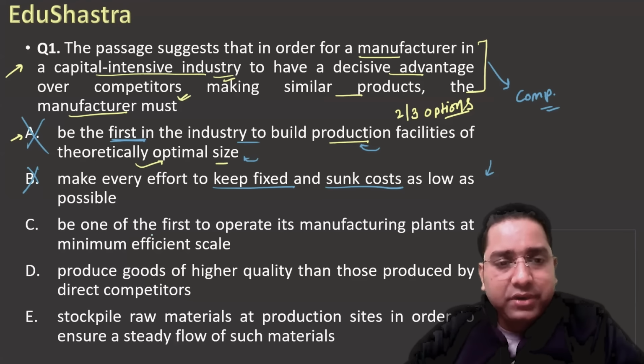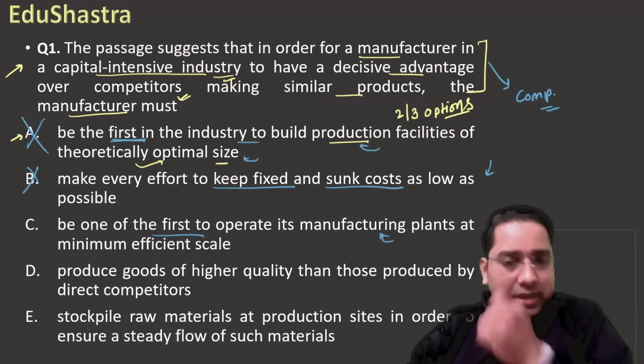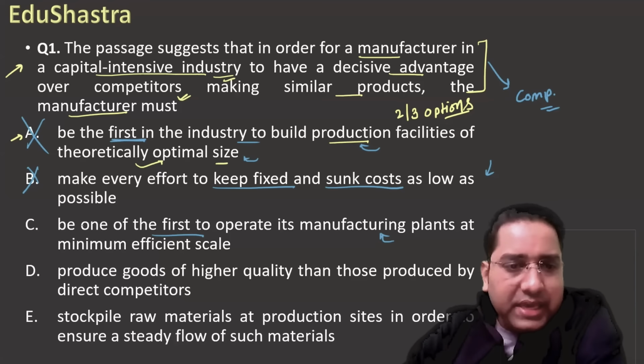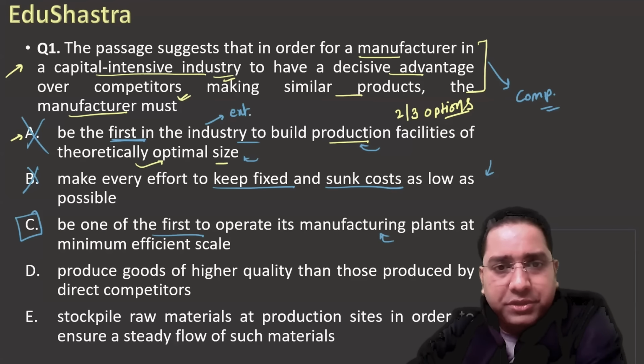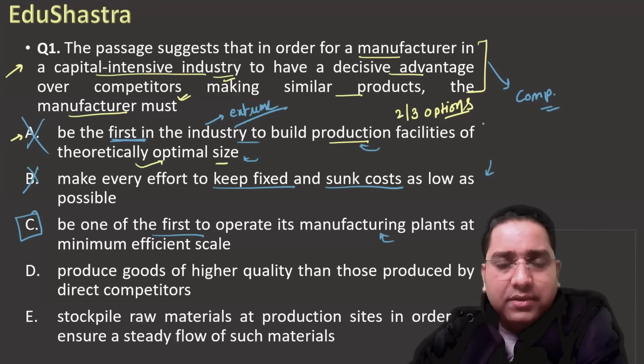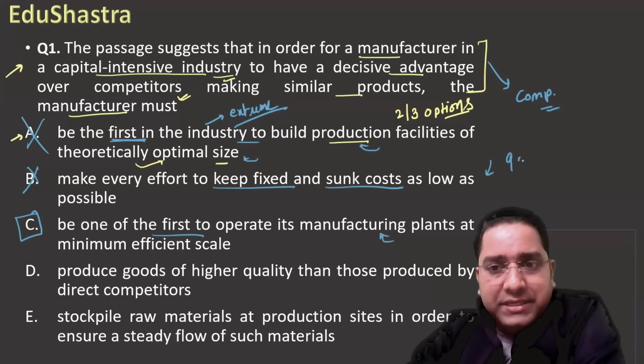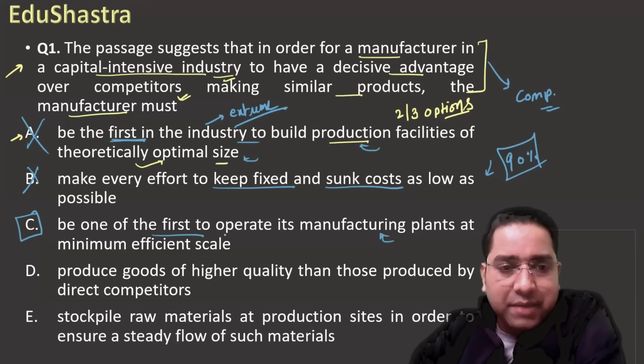Third says be one of the first to operate its manufacturing plants. One of the firsts, right? Not the first, one of the firsts. So I believe we can consider option C because if you notice, the earlier one was an extreme option, and extreme options should not be considered because 90% chances are there that those options will be wrong because it's a trap.